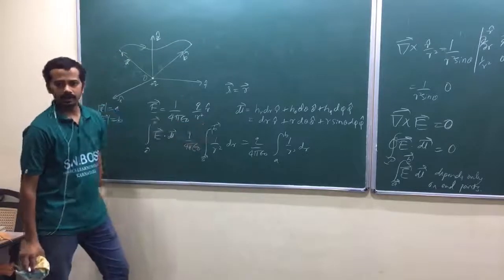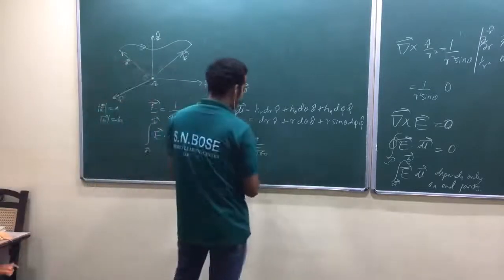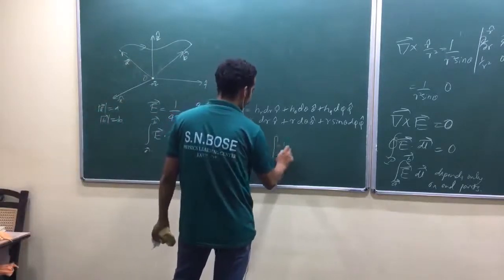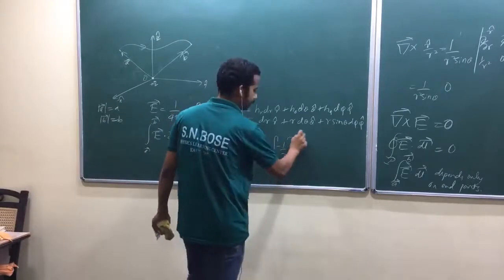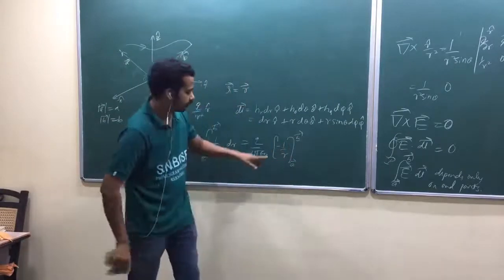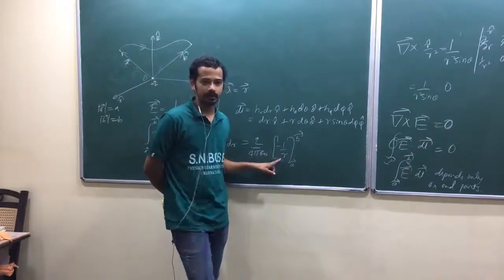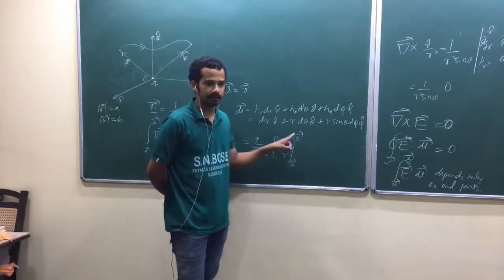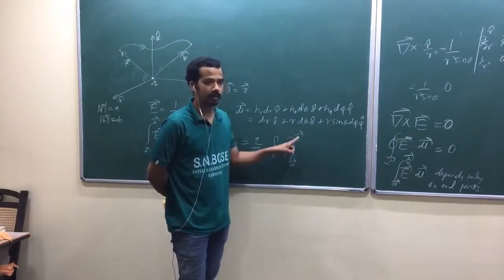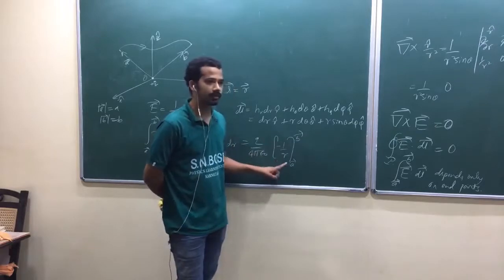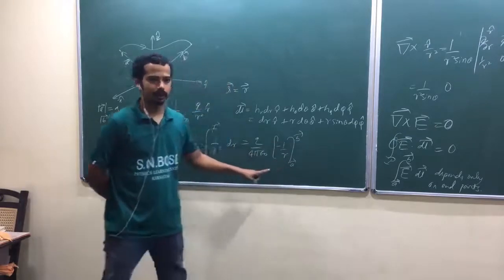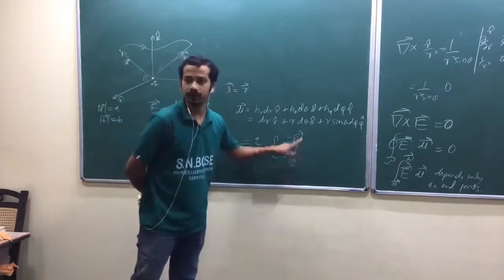After the integral, what is that one? Minus 1 by r, am I right? From A to B. So what do you have to put? You have to put the scalar distance from the origin at this position as the upper limit, the scalar distance from the origin at this point in space. Okay, that is the meaning.